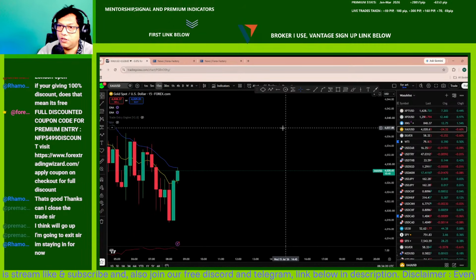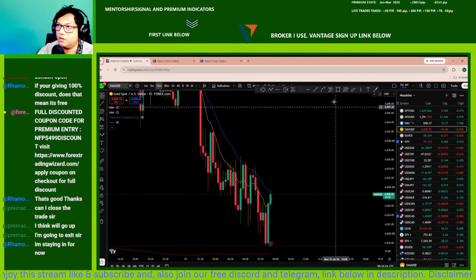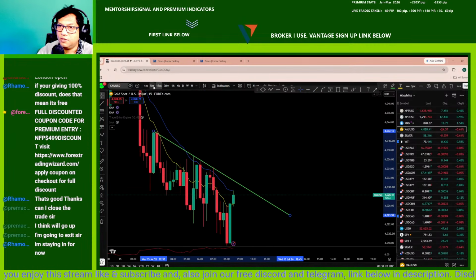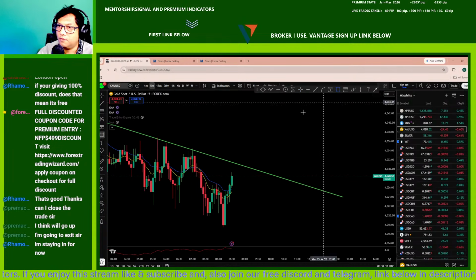the market is moving to another important area of value. So you can see there is a trend line here at the moment. This is an order block.